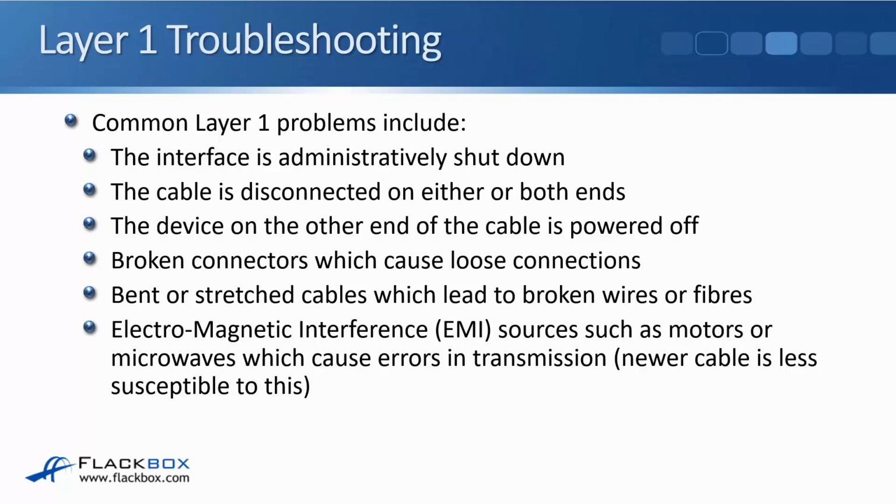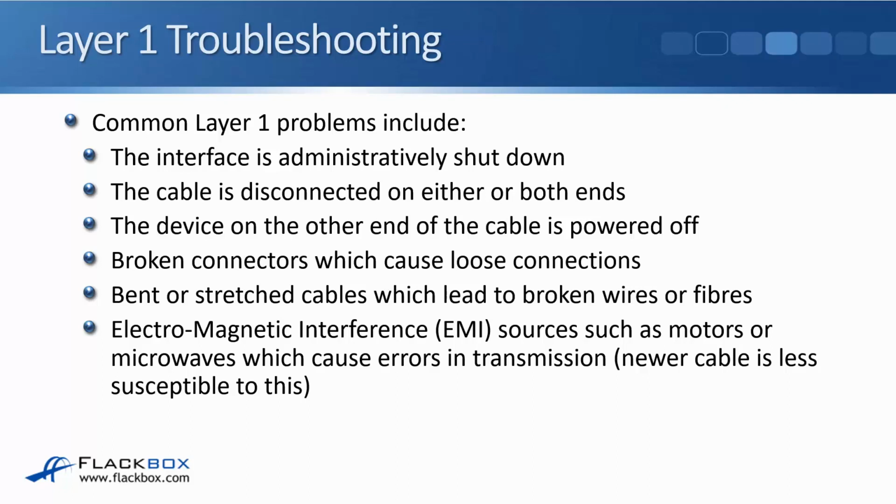Other things, broken connectors can cause loose connections. This happens quite commonly as well, like on an Ethernet cable, the RJ45 connector with the clip on the end, it's quite easy for that to get broken off. And then there isn't anything to retain it in the interface it's plugged into, and it's easy for it to get a loose connection that way. Also, bent or stretched cables can break the internal wires or fibers.